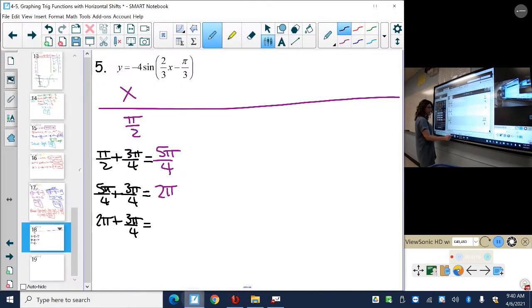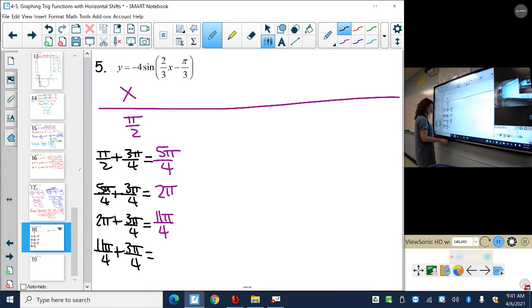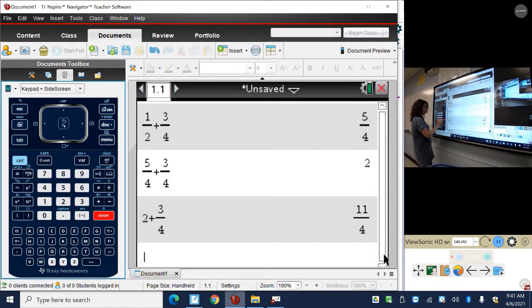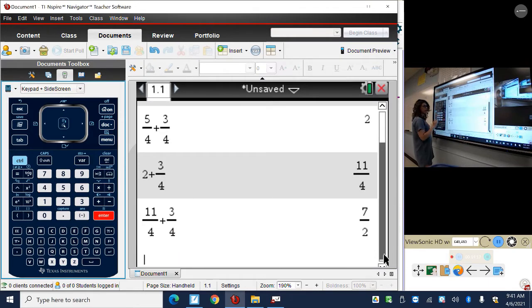And that's going to give you 11 pi over 4. Then you're going to go ahead and do that again. 11 pi over 4 plus 3 pi over 4. And that's going to give you plus 3 divided by 4. 7 pi over 2.